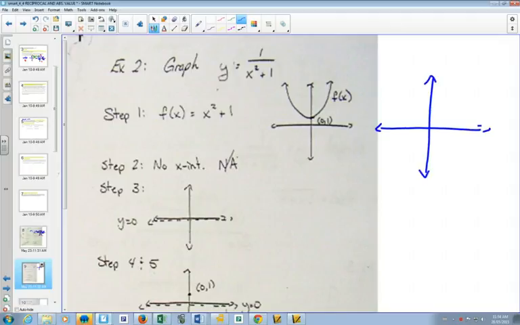It has no x-intercepts, so you're not going to be able to draw any vertical asymptotes. There's no non-permissible values. The graph does go up forever, so there will be an asymptote at y equals 0.